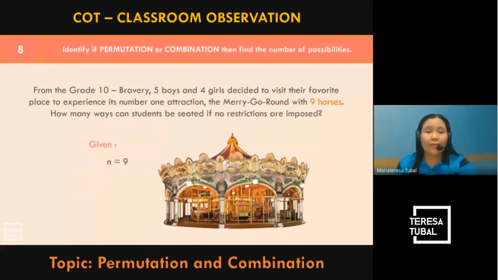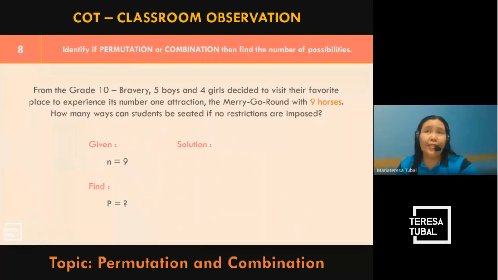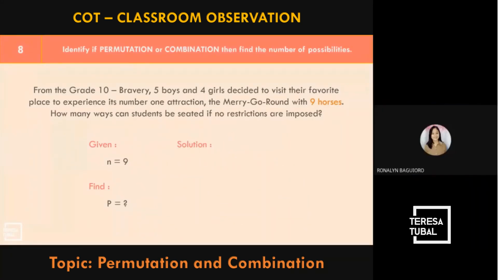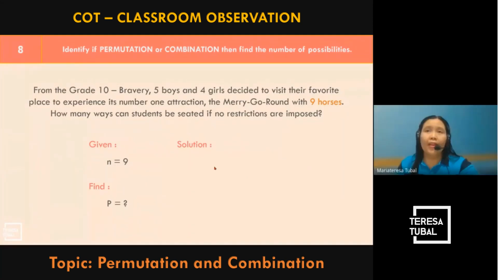Opo. Okay, go. What is the formula? N minus 1 factorial po. So if you replace the value of N by 9, 9 minus 1 po. So that is equal to 9 minus 1 factorial.